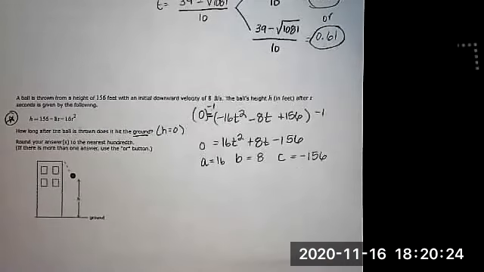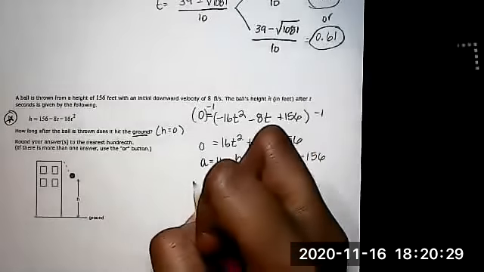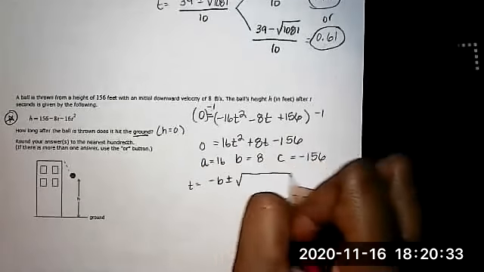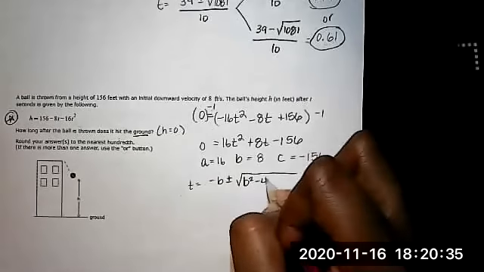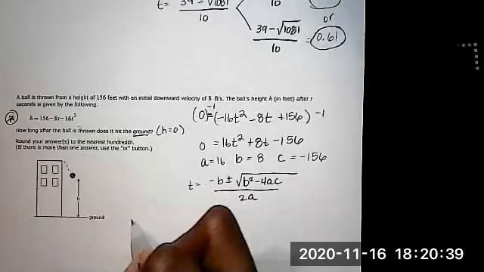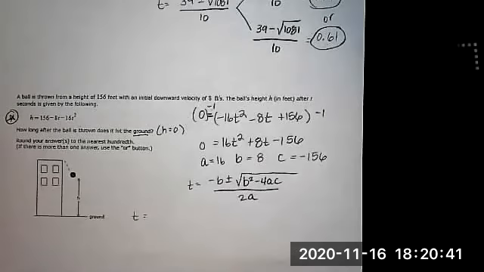Okay, we're using our quadratic formula. It's the third time we've done this. Our quadratic formula for t is negative B plus or minus the square root of B squared minus 4AC, all over 2A. Let's get our substitution in.